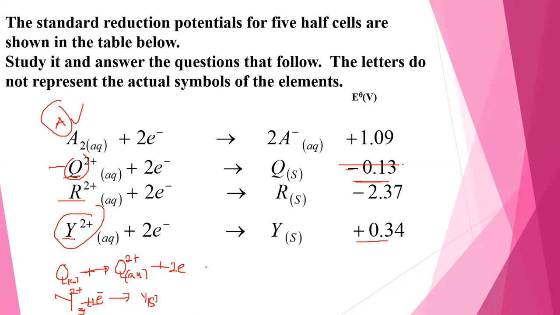This one had a potential of negative 0.13, and this one had a positive 0.34, like that.